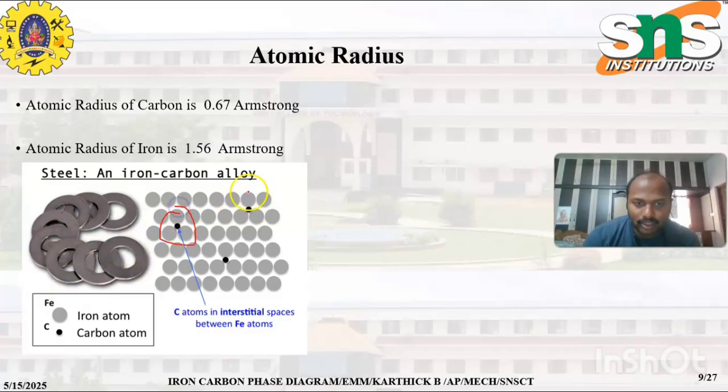In iron carbon alloys, the carbon atom occupies the interstitial space between the iron atoms. As added information, there are only five elements in the whole periodic table that form interstitial solid solutions: boron, carbon, nitrogen, oxygen and hydrogen.